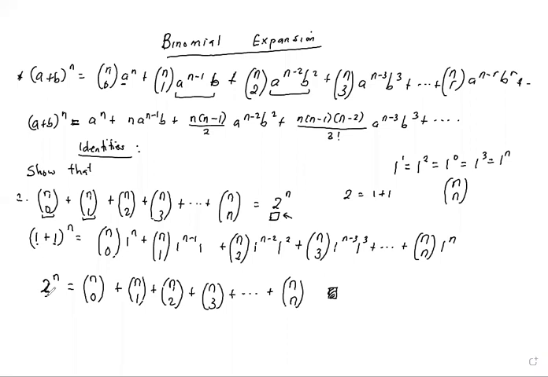This will be equal to n choose 0 multiplied by a power n. A is 1, so it will be 1 power n, plus n choose 1 multiplied by a power n minus 1, but we have said a is 1, so it will be 1 to the power n minus 1. Where there is b, we have 1. When you're multiplying 1 to the power n minus 1 by 1, you get 1. That is just 1.